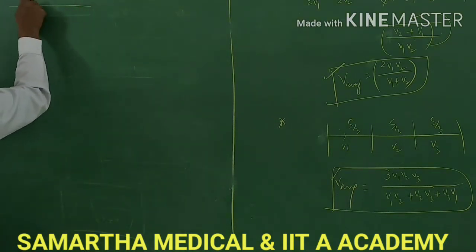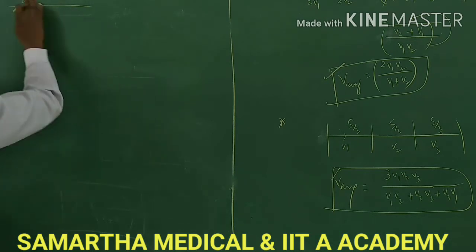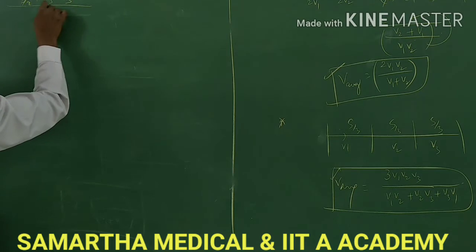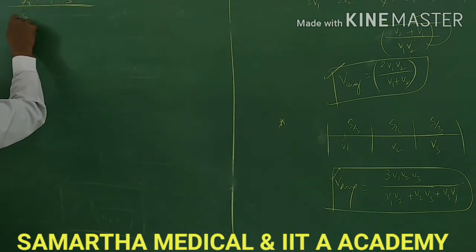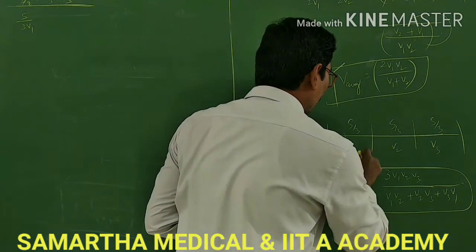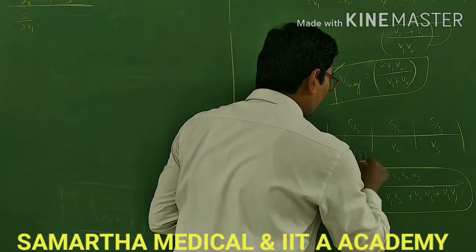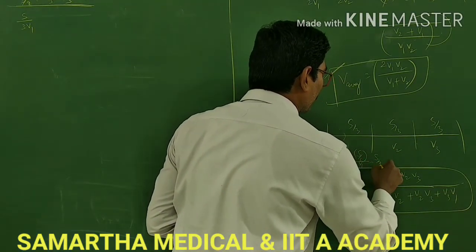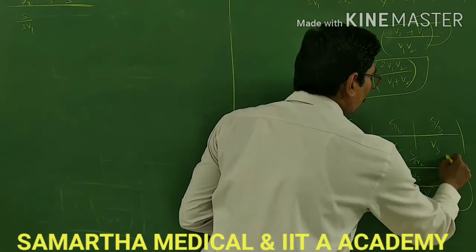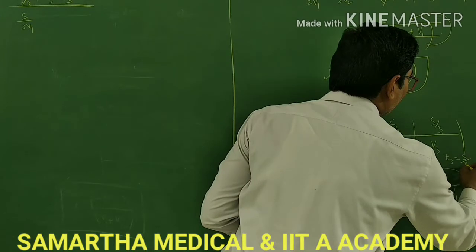The total distance is S1 plus S2 plus S3, so S by 3 plus S by 3 plus S by 3, that is 3 times S by 3. Time taken: T1 equals S by 3 v1, T2 is S by 3 v2, and T3 is S by 3 v3.